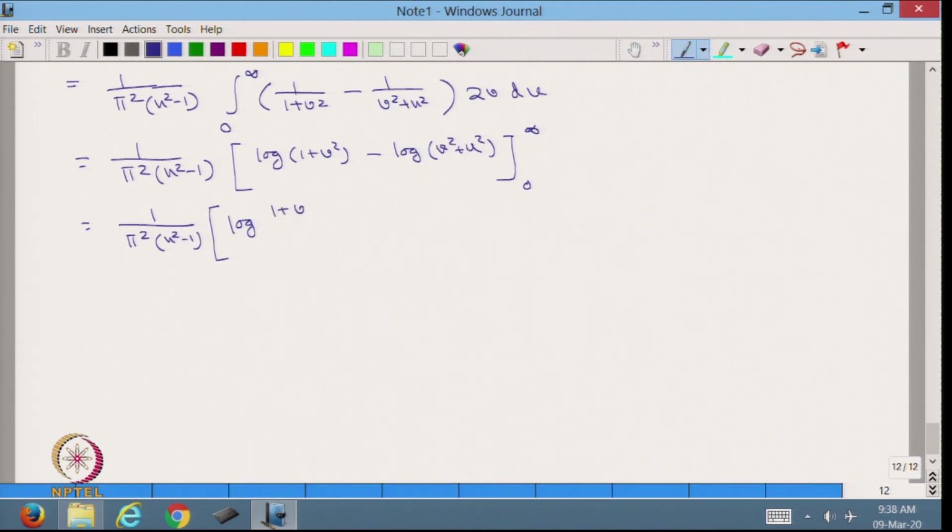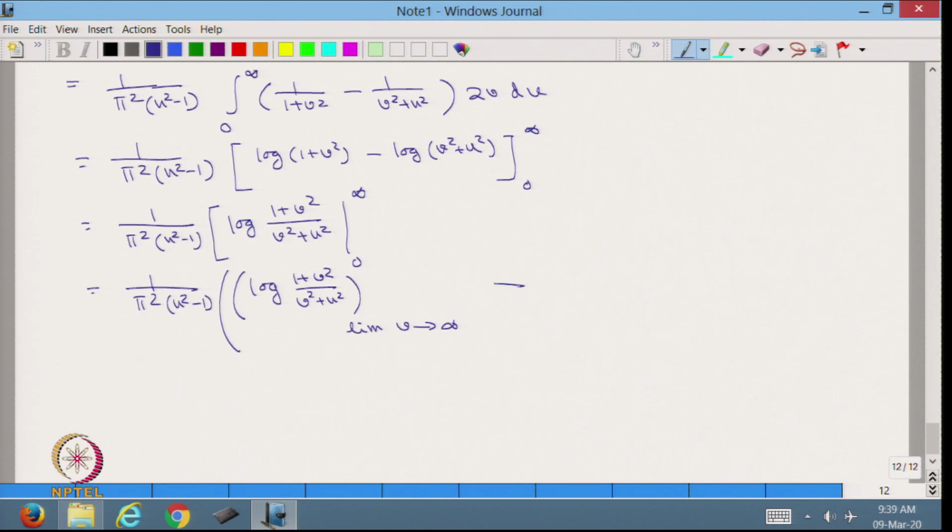This is equal to 1 upon pi square into u square minus 1 into log of 1 plus v square upon v square plus u square, from 0 to infinity, which is equal to 1 upon pi square into u square minus 1 times log of 1 plus v square upon v square plus u square with the limit v going to infinity, minus, by putting the value v equal to 0, log of 1 upon u square.